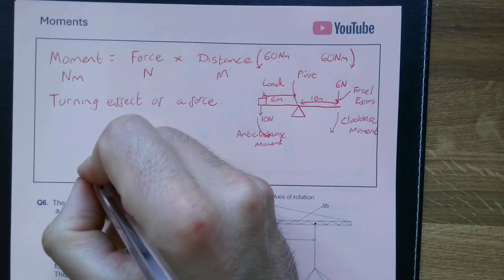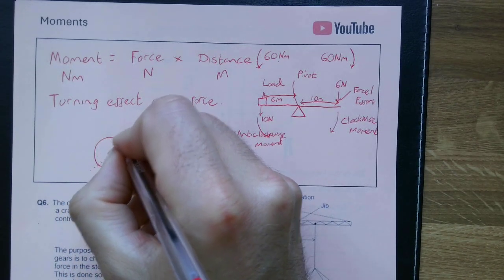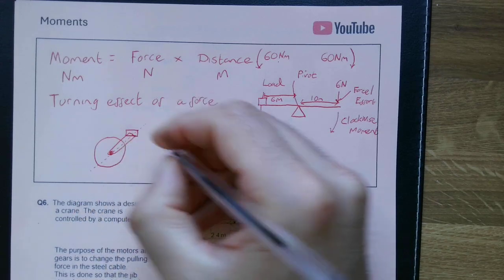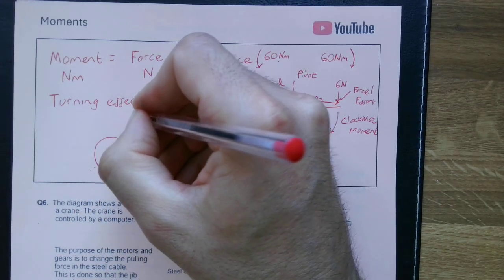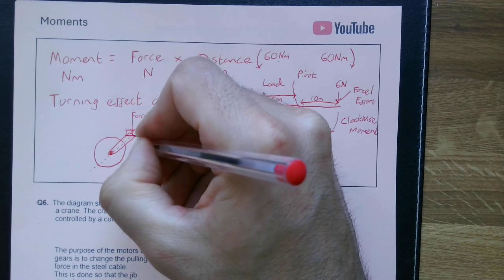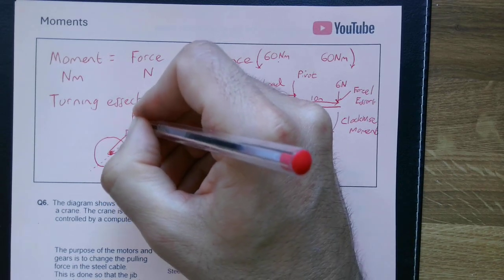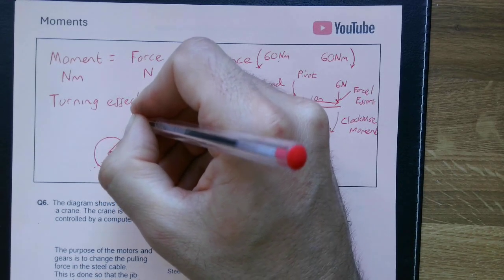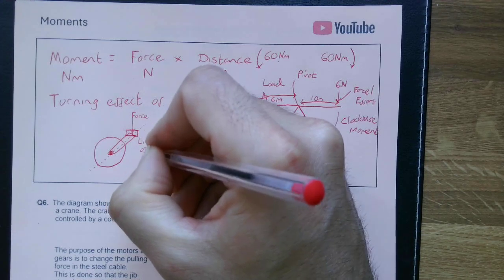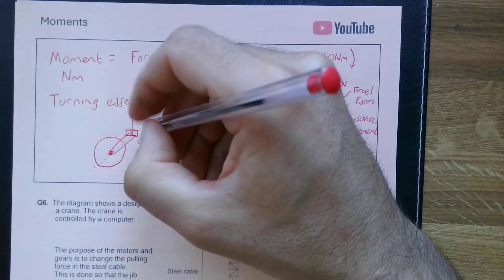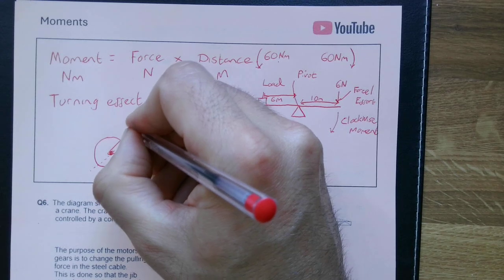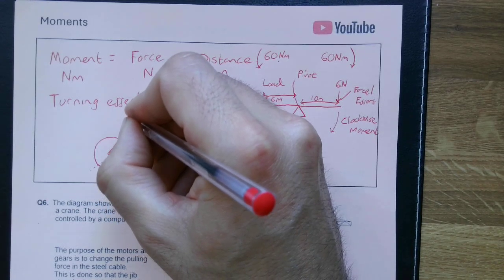Now a straight line drawn through our pivot and through our pedal, which is where our force is going to go, is called the line of action. Now the force actually has to be drawn perpendicular to the line of action, so this is not quite right.